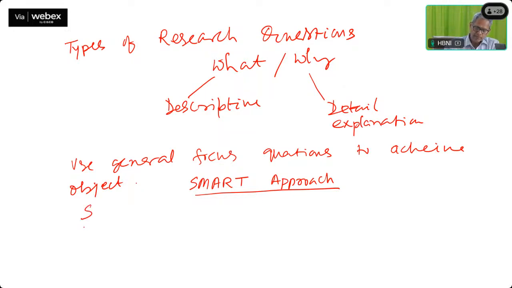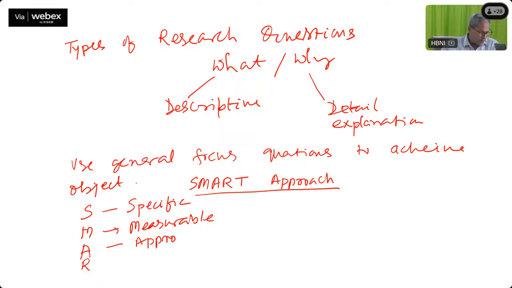S, M, A, R, T. SMART. S is specific, M is measurable. A is appropriate.